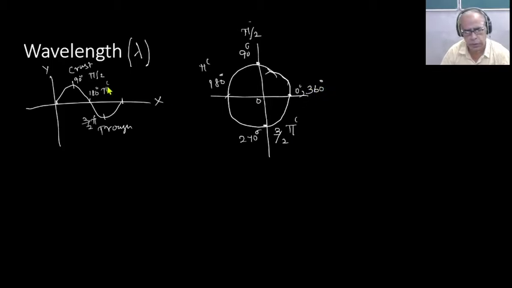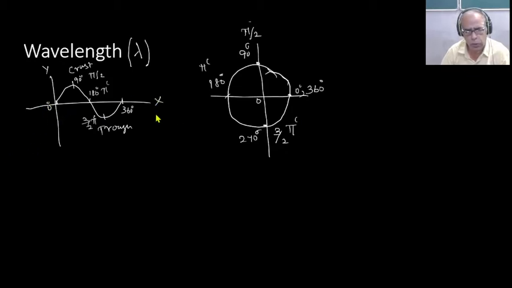So it means it has completed one full round in the simple harmonic motion. Then it is getting ready for the next circular motion. And this is 0 degree.